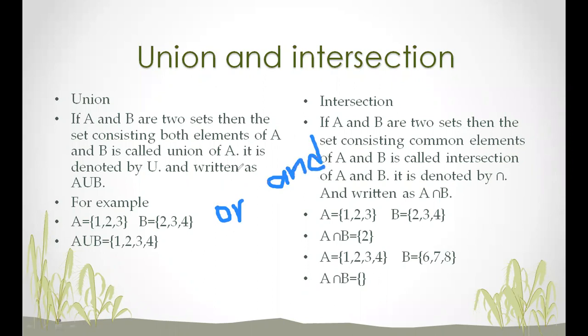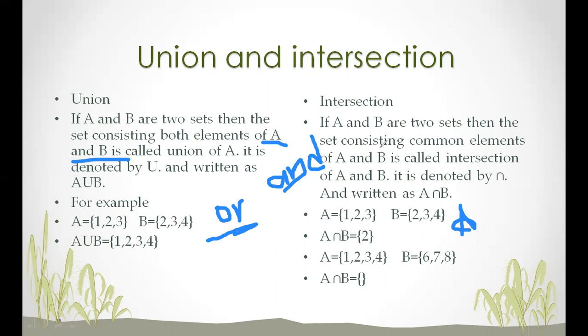So in union, all the elements of A and all the elements of B. But in intersection, you do not write "or"; the word "and" is most important. So we write the common elements of A and B.